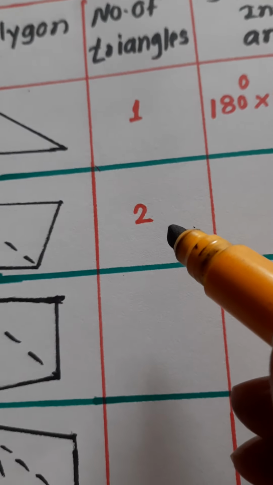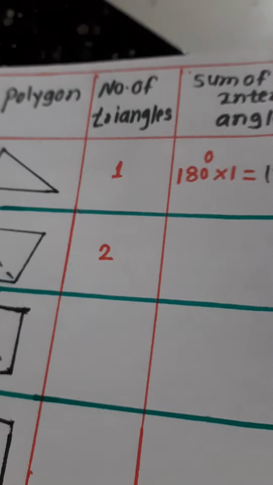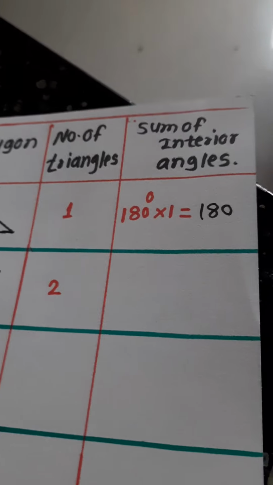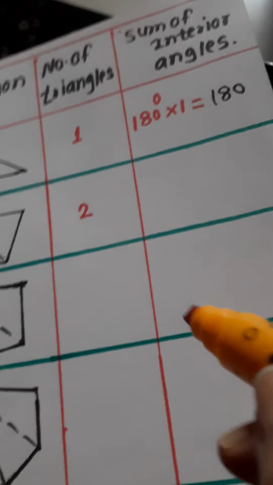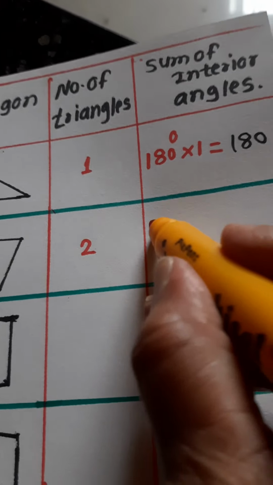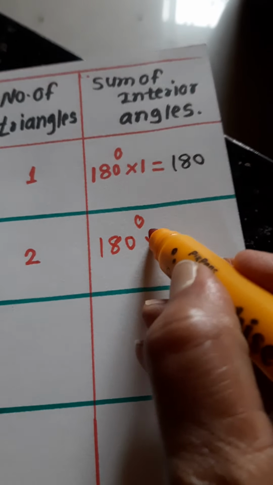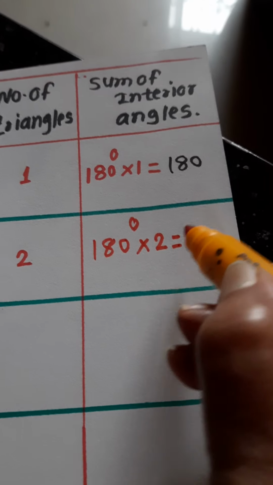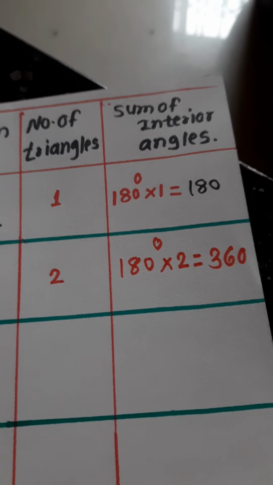That is, number of triangles are 2 and sum of interior angles is equal to 180 degree into 2, that is 360. Okay.